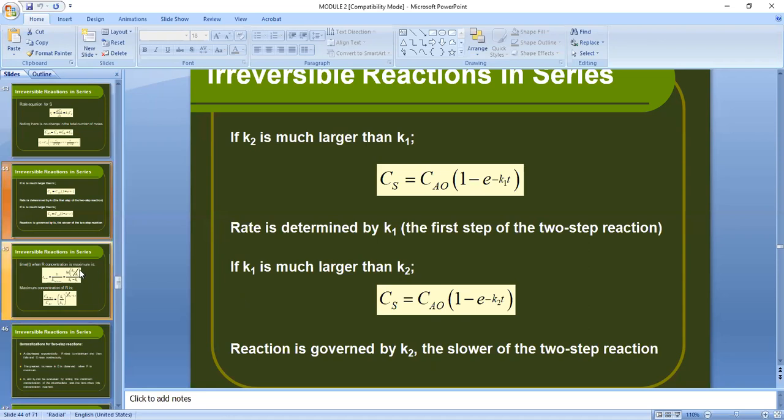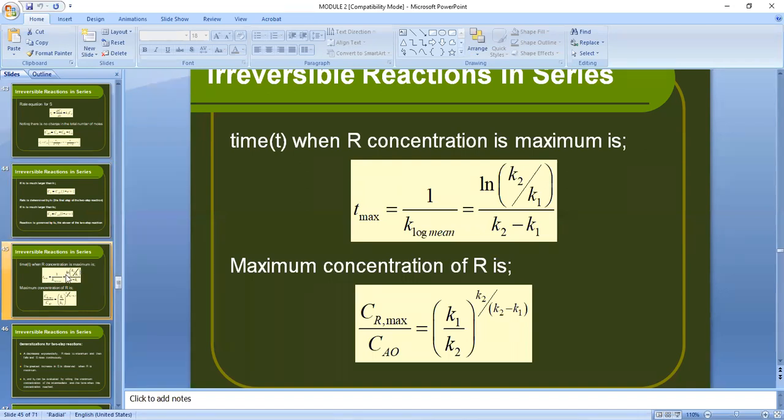Now, what do I have here next? We have a ready-made formula, class, but I'd like to emphasize that this formula will only work if K sub 1 is not equal to K sub 2, and if we are provided with the same stoichiometry, that is, A forming R forming S. If any of the species here have a different coefficient, this particular formula will not work anymore.